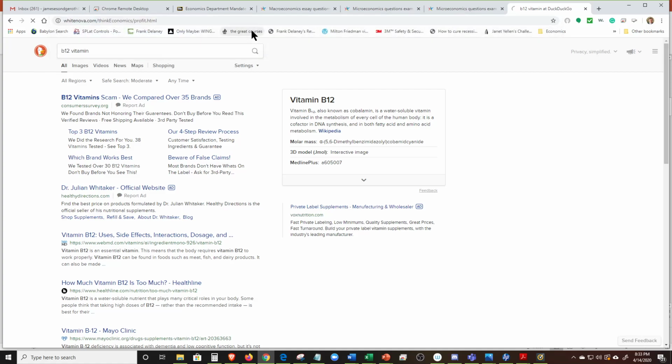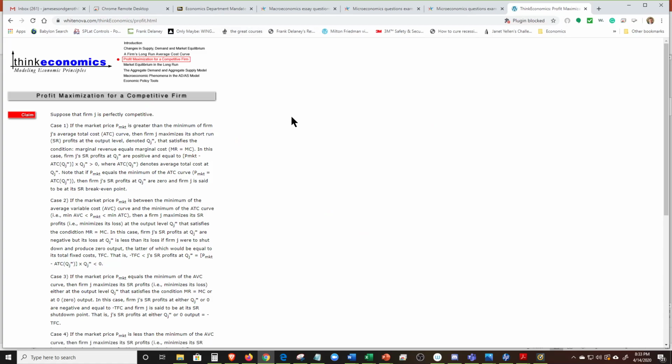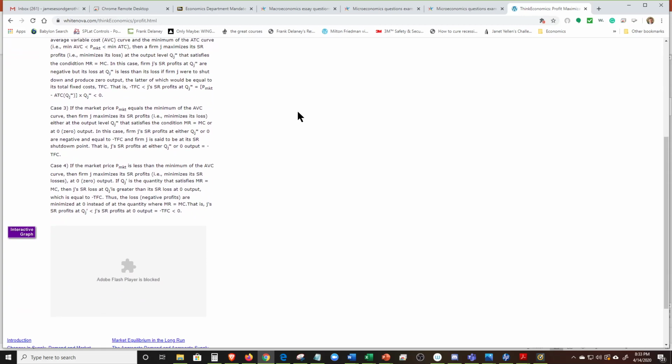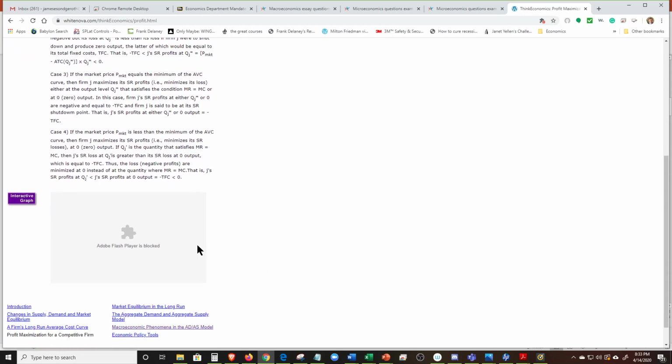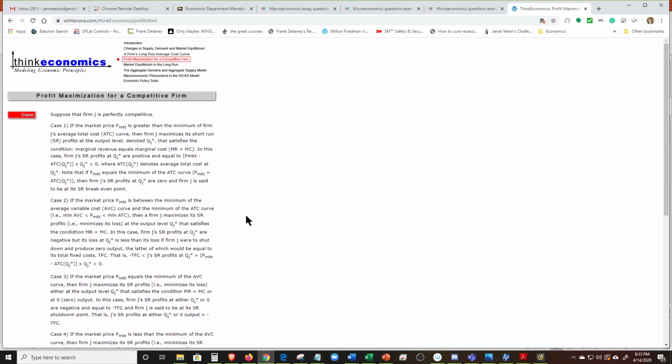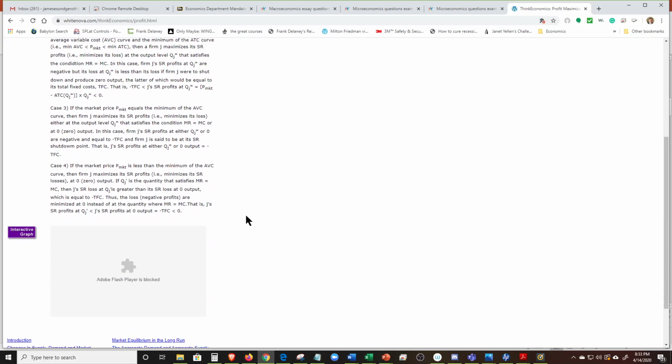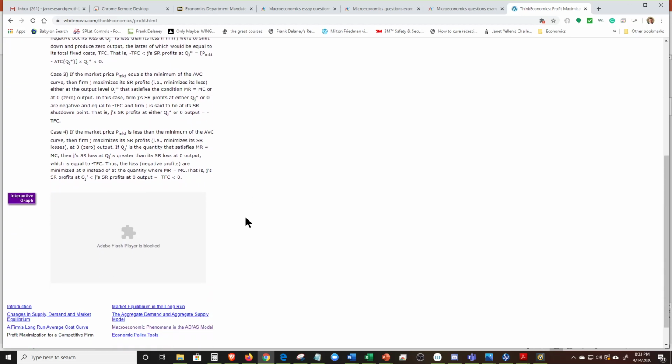And enter. Let's see what we have here. All right, profit maximization for a competitive firm. Need a... let's see if we can. How do I unblock that thing? Come on, let me allow it. Adobe Flash Player. Right, run the program. Darn, why doesn't that play?